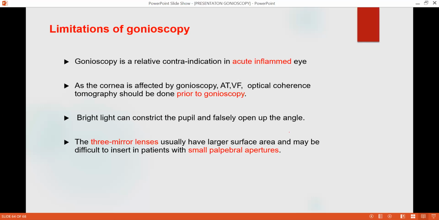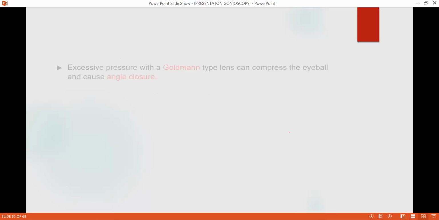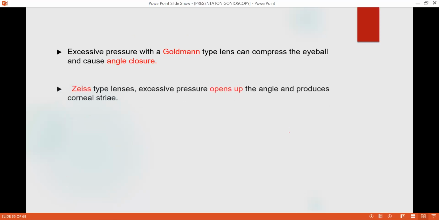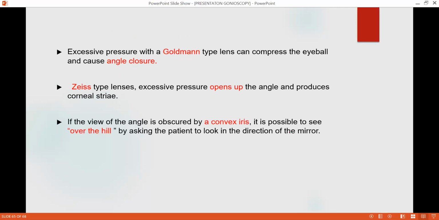It is difficult to use 3-mirror lenses, especially in patients having small palpebral apertures. Air bubbles under the gonio lens may hamper your visualization and should be taken care of. Excessive pressure on the cornea, if you're using a Goldmann lens, can cause false closure of the angle. And if you're using a Zeiss type of lens, you can falsely open up the angle.